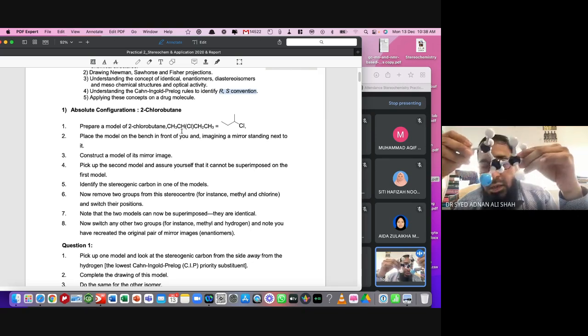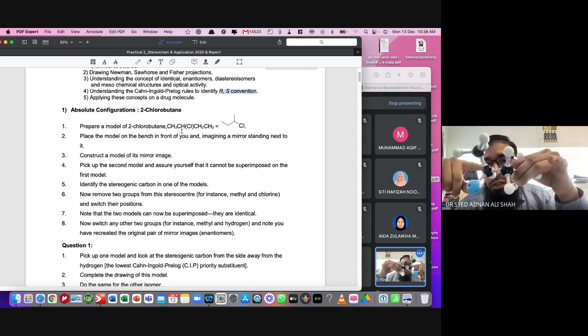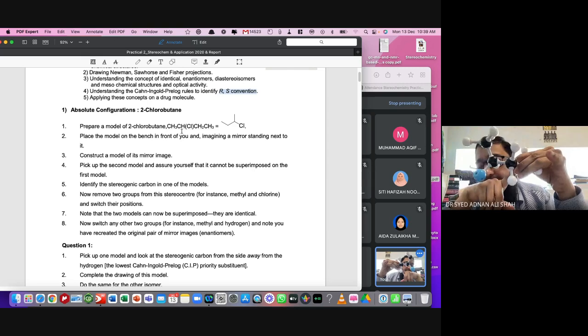So where is the stereogenic center in this one? You can see the carbon which is the stereocenter, the chiral carbon, this one, right? This carbon has four different groups. This one is CH3, this one is Cl, this one is hydrogen, and this one is CH2CH3.